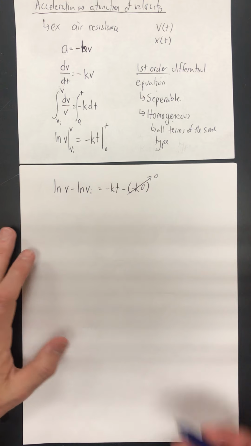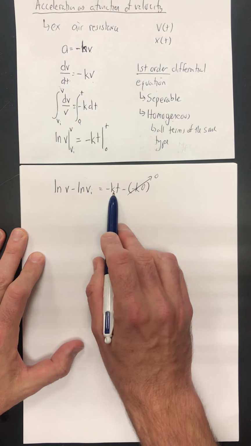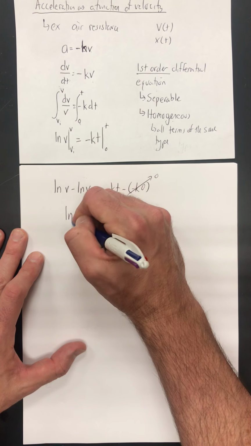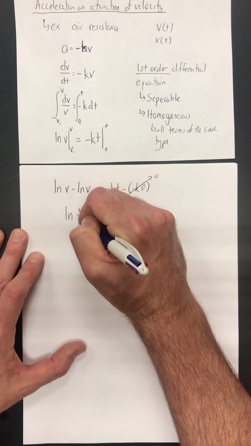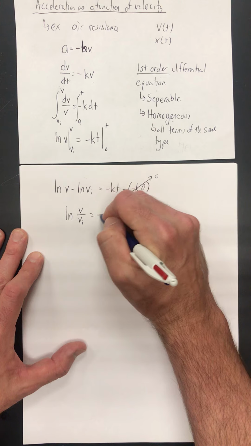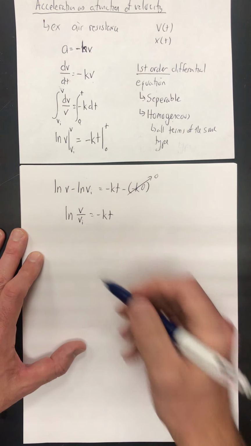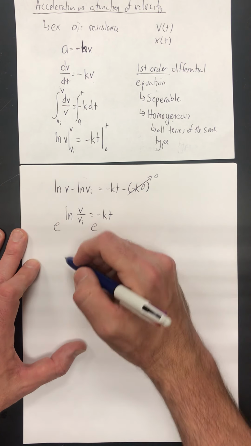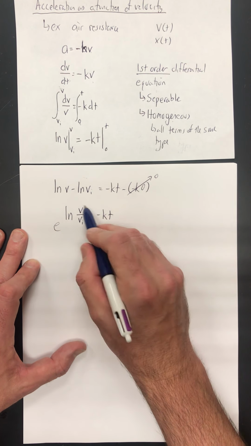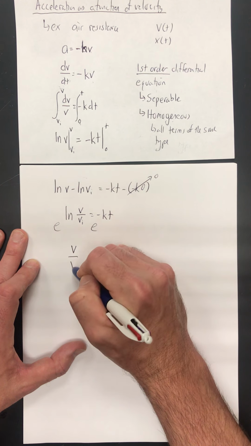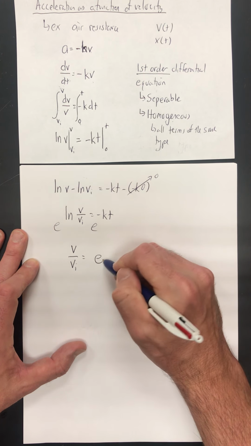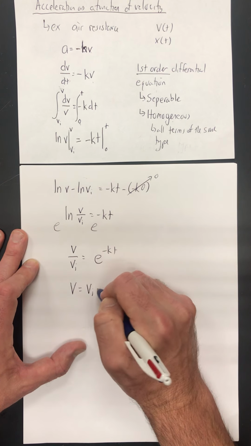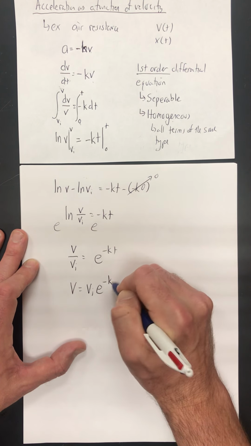I'm going to use a log rule here, because rather than move this over to the other side, I can exploit the log rules to make my life a lot easier. ln of v over vi is equal to negative kt, and then I can raise both sides to e. And so e to the ln of v over vi is v over vi, and this is e to the negative kt. And therefore I get v is equal to vi e to the negative kt.